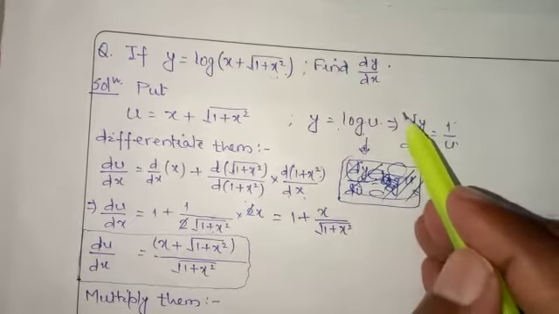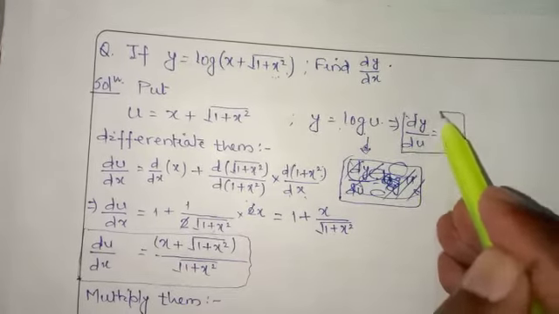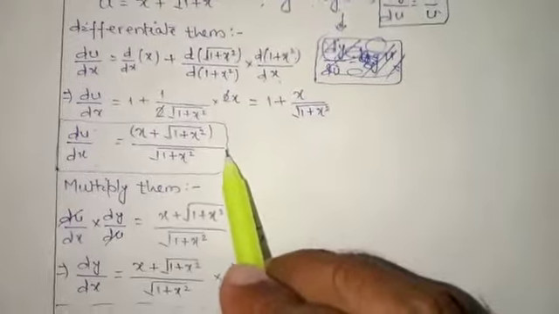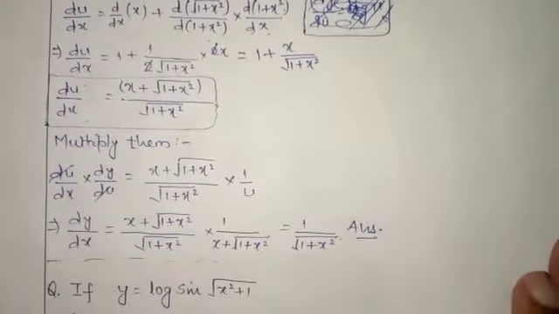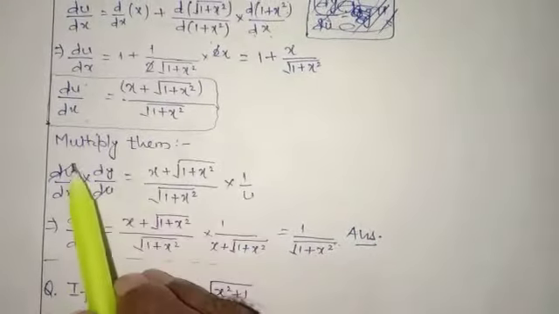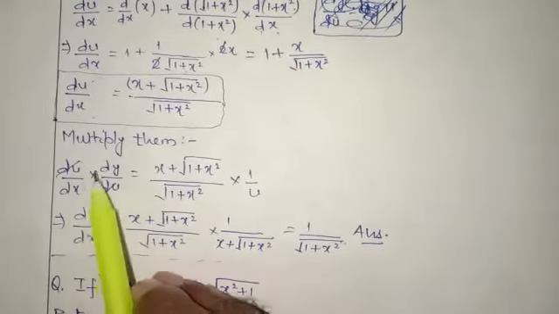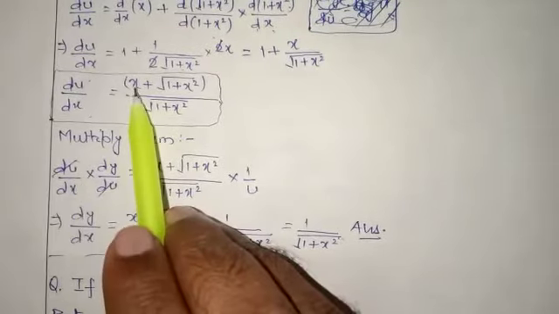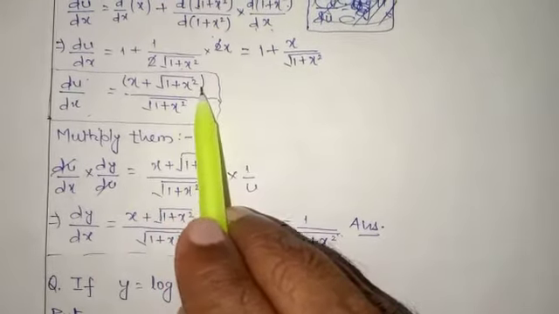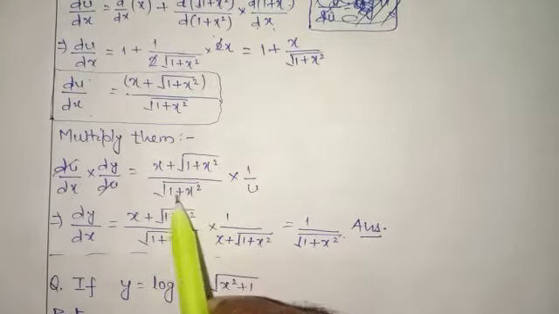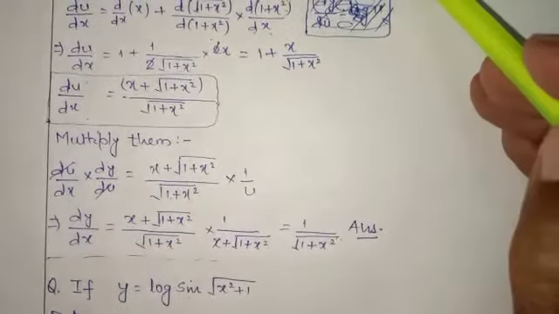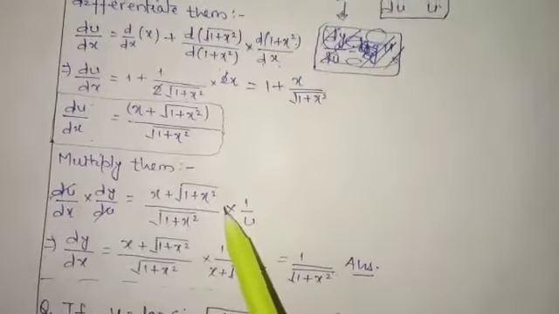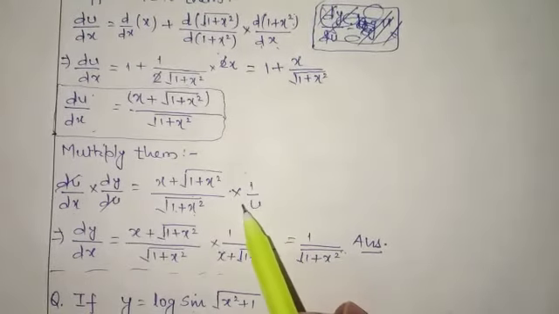So now here we have the value of dy upon du, and here we have du upon dx. Now multiply them. Then du upon dx into dy upon du. Du upon dx is x plus under root 1 plus x square by under root 1 plus x square, and dy upon du is 1 by u, so it is multiplied by 1 by u.